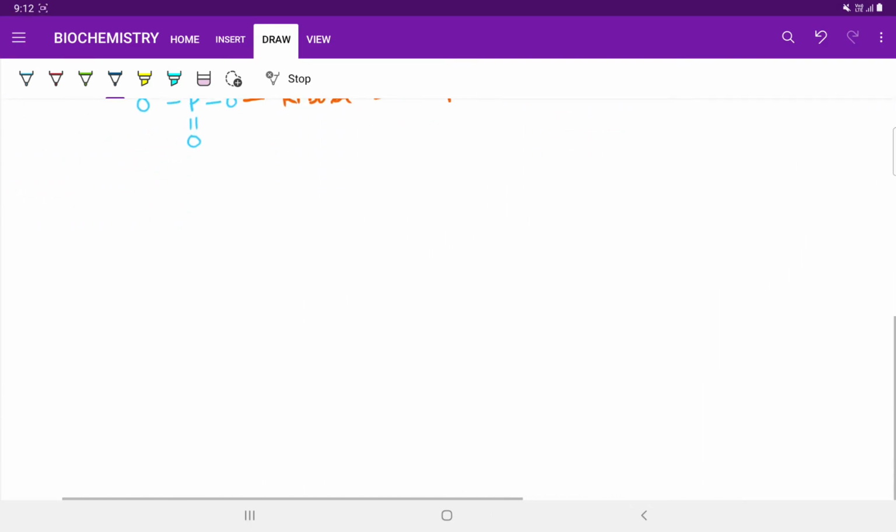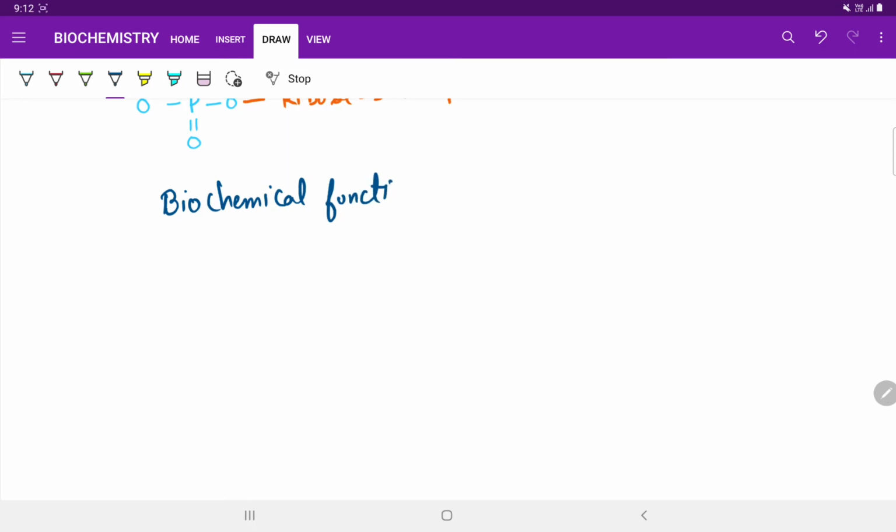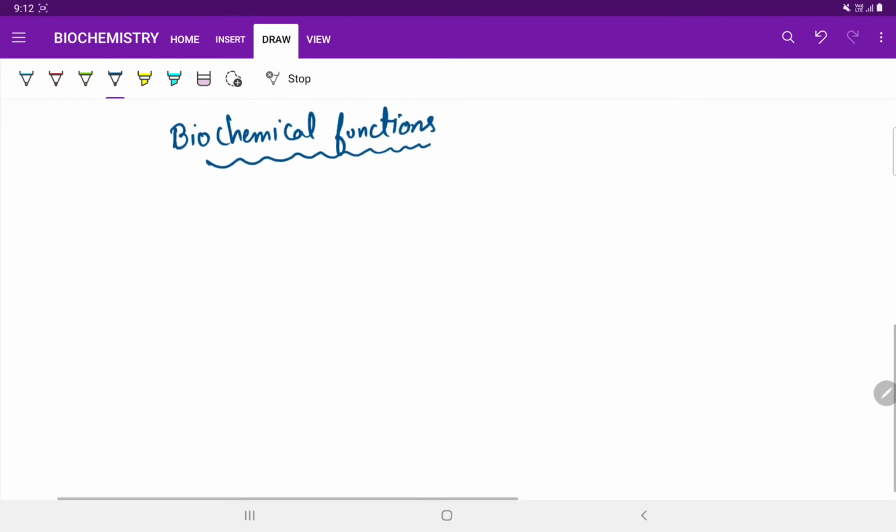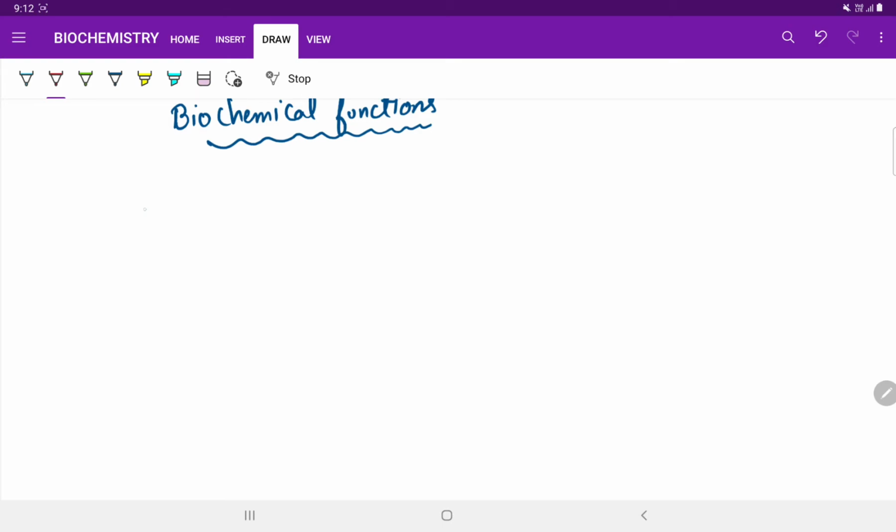Now let us see the biochemical functions. The biochemical functions include the following examples. The first one is conversion of pyruvate into acetyl coenzyme A. In this we can see coenzyme A acting in the presence of dehydrogenase enzyme.